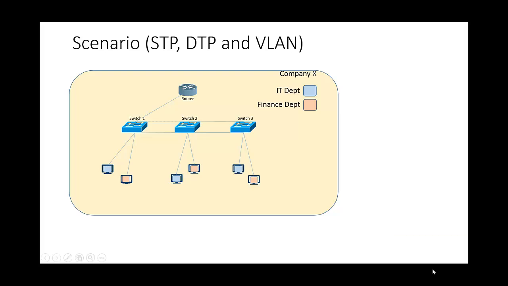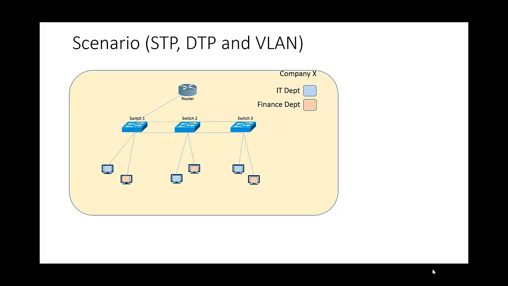Once we have isolated the IT department equipment from the finance department equipment, we will test connectivity between the PCs within the same department, and we will prove that you cannot access PCs from the other department.